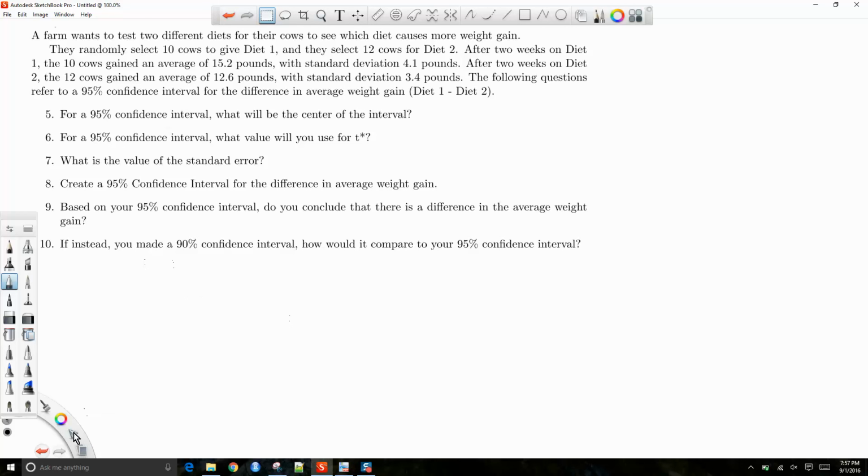So as we're looking through this problem, immediately we see the words confidence interval, so we're dealing with a confidence interval. When we read through the problem, it talks about 2 different diets, cows getting 2 different diets. 10 cows get diet 1, 12 cows get diet 2.